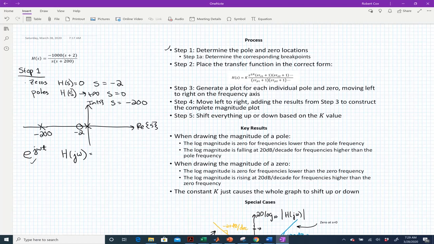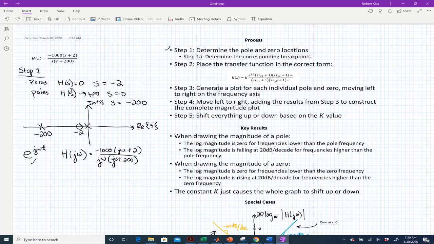So that would turn this thing into negative 1,000 times (s plus 2) over s times (s plus 200), and I should be plugging in j omega: j omega plus 2 on top, and on the bottom, j omega times (j omega plus 200), like so.